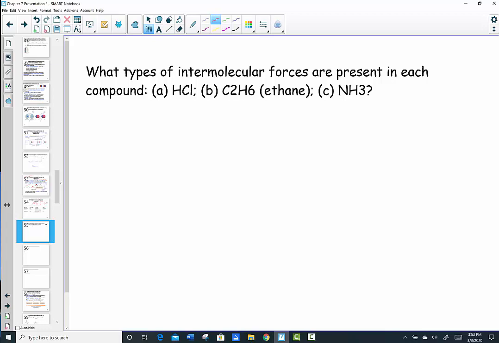Let's try some out. What types of IMFs, intermolecular forces, are present in each of these compounds? So let's try to draw them out. Here's HCl. Here's C2H6.